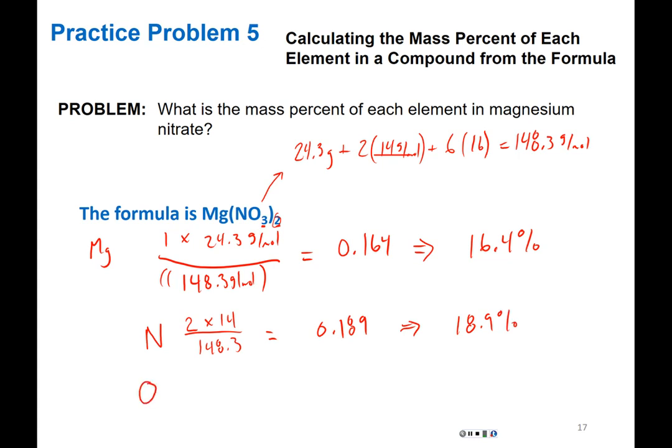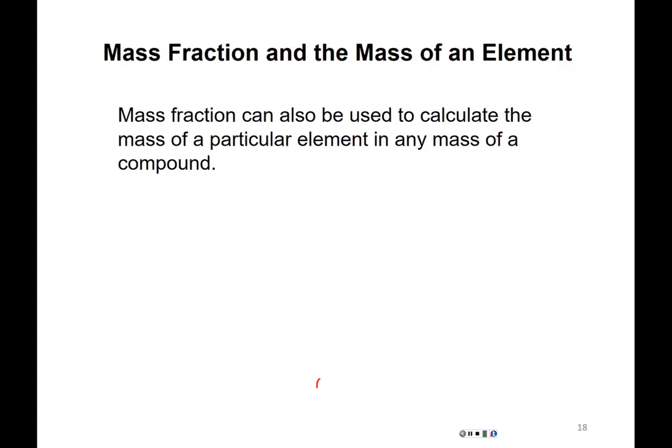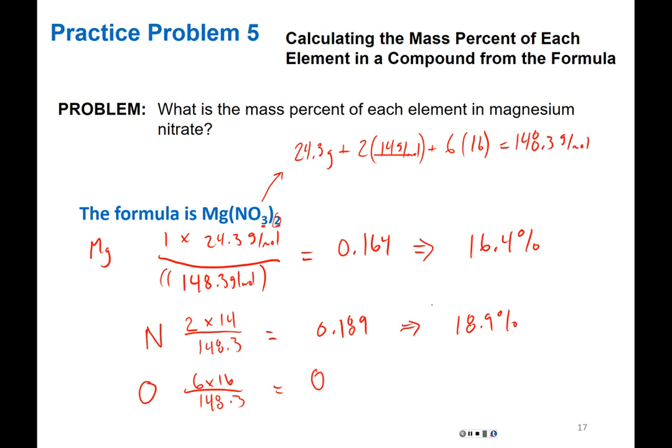And oxygen, you should get 6 times 16 divided by 148.3 equals 0.647, or 64.7%. And if you add up all the mass fraction values, you should get a number that's 1, basically. And if you add up all the mass percentages, they should add up to 100%.